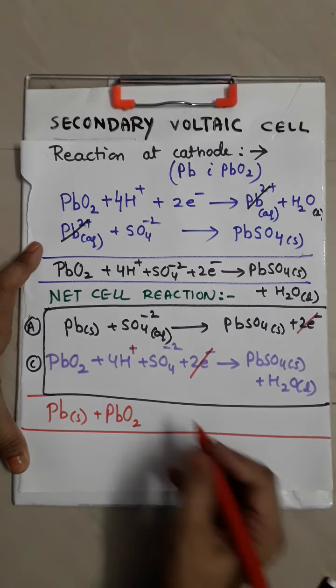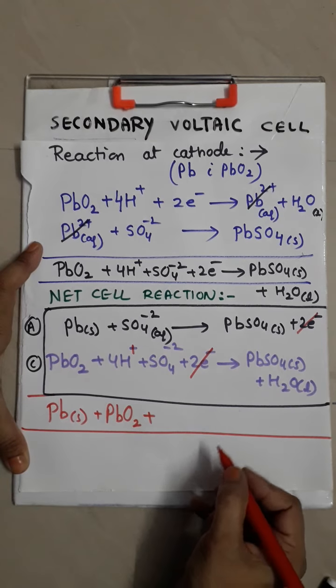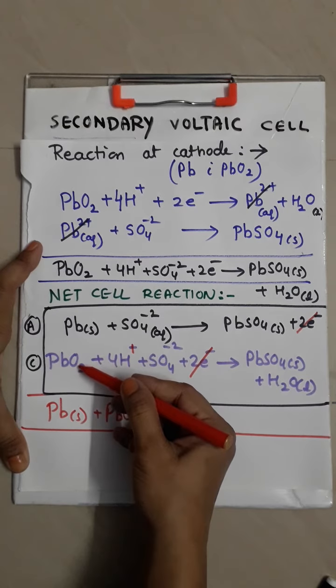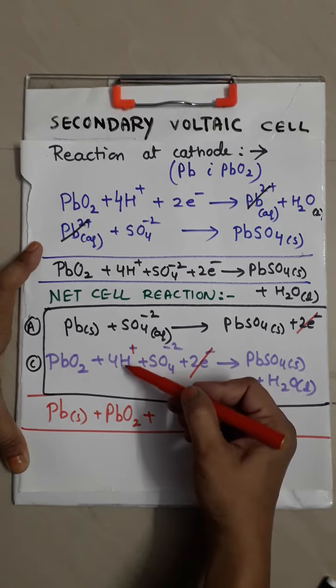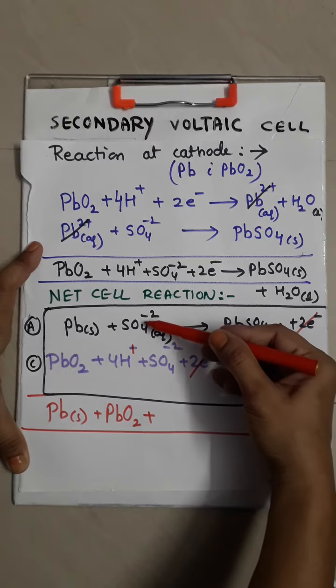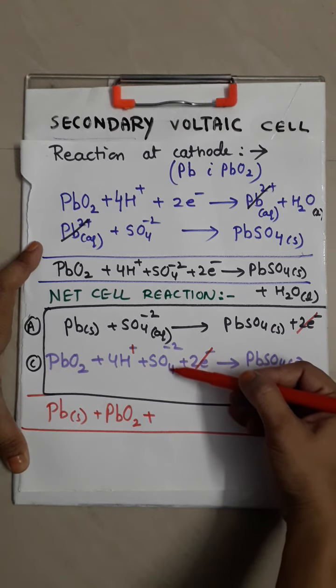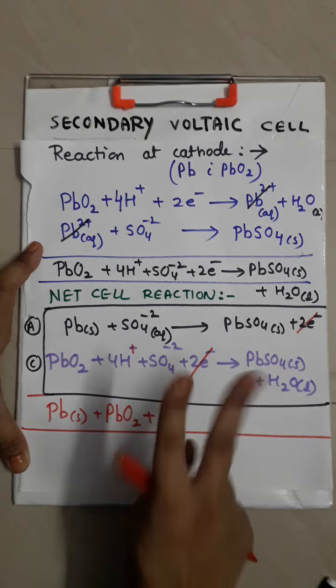Just make sure I have written Pb solid, PbO2, and I am having 4H plus and SO4 minus 2. SO4 minus 2 means I am having 2 SO4 minus 2.